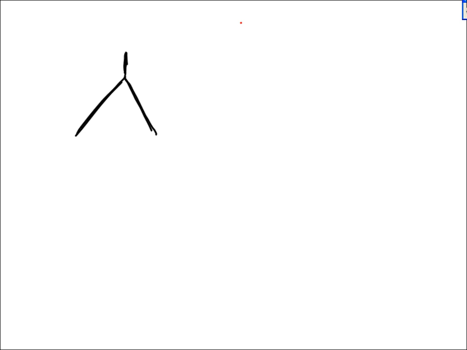We could have the opening be less wide, or we can have the opening be really wide. Now let's further assume one other thing: that these two legs, or vectors, don't have to be the same length.